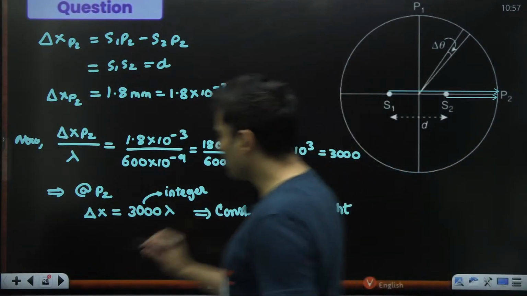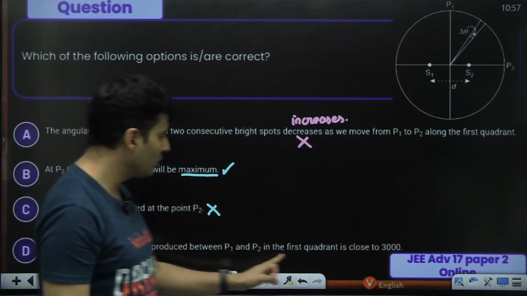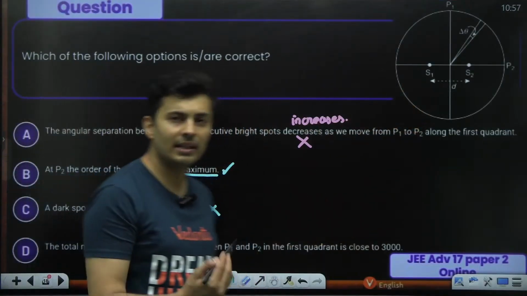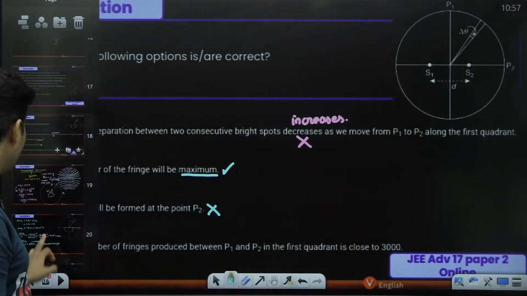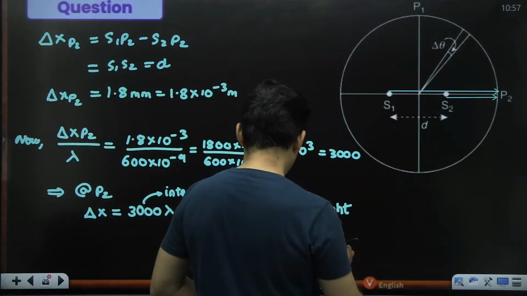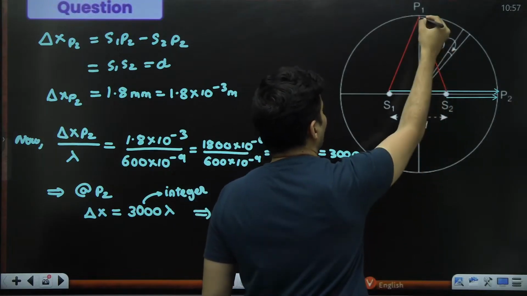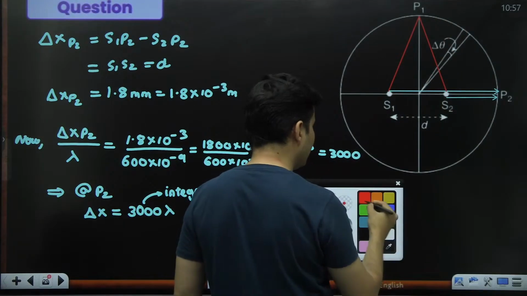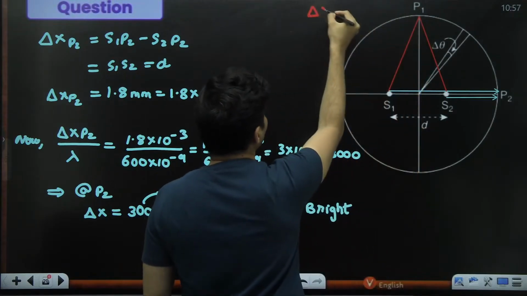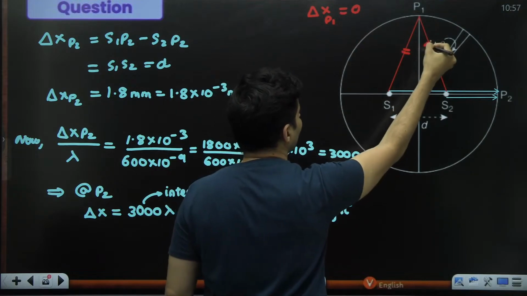Now, I think there is one last option left, which is the D option. The total number of fringes produced between P1 and P2 is 3000. That is obvious now. I'll show you over here. When the two rays meet at P1, they both arrive simultaneously. The path difference at P1 will be 0 because this is congruent to this.